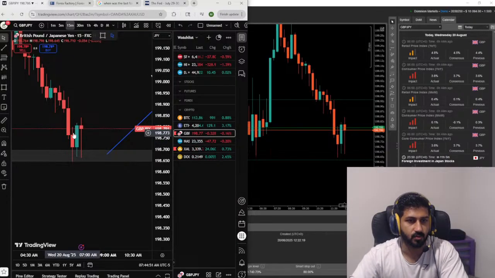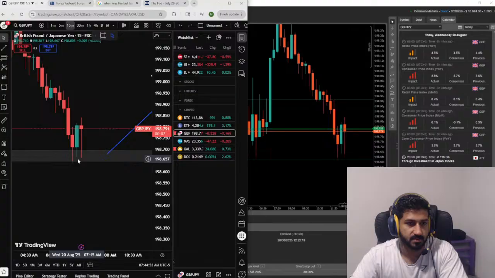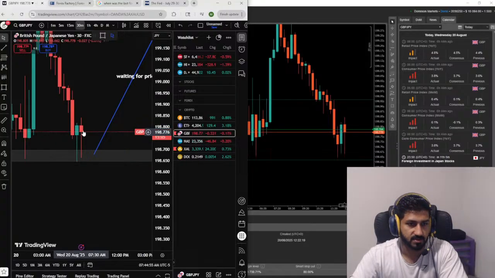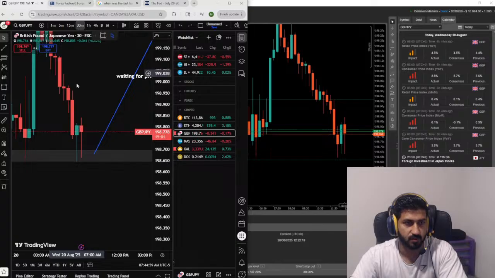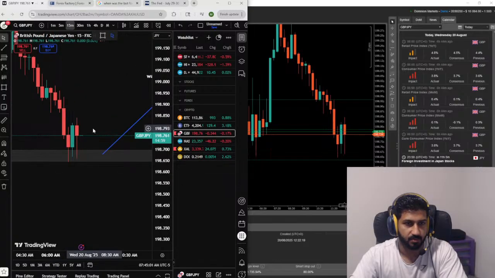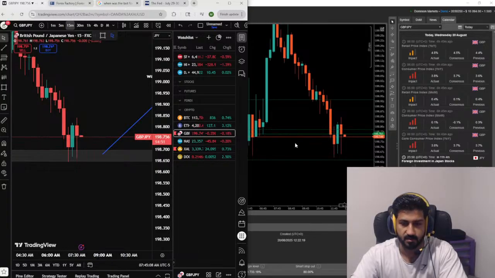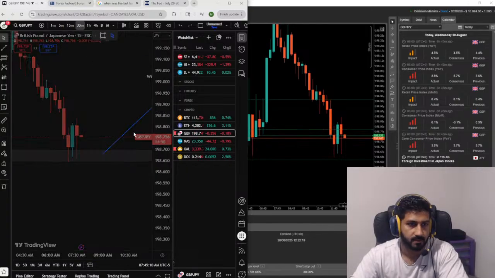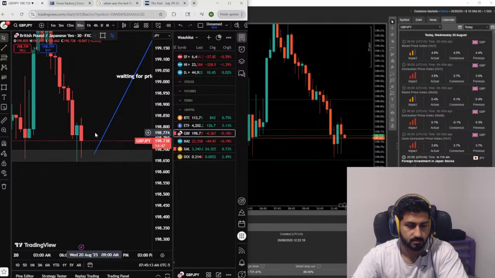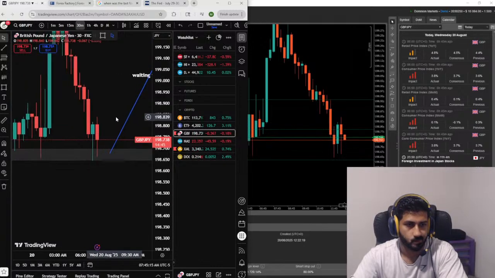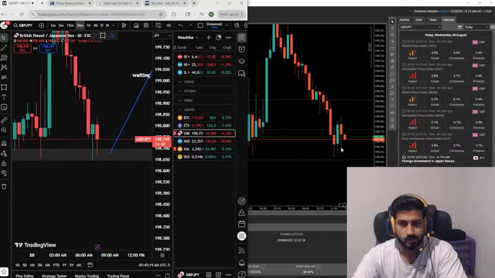So on the 15-minute, what we have done is gone down, test these lows, because 30-minute was bullish before, and if we can get a break above this 15-minute, that would be the continuation of the 30-minute candle. It closed really bearish though.